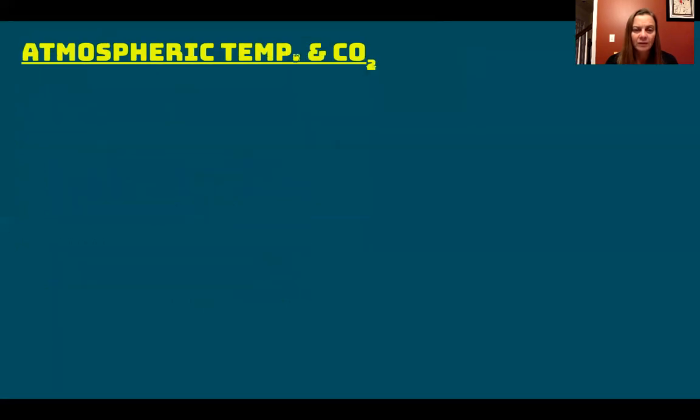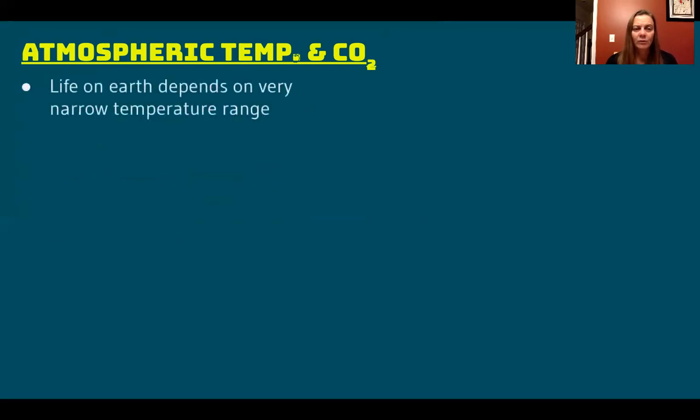Okay, atmospheric temperature and carbon dioxide. So life on Earth depends on a very narrow temperature range. You hear conversations in the news all the time about trying to maintain global climate change under 1.5 degrees Celsius.